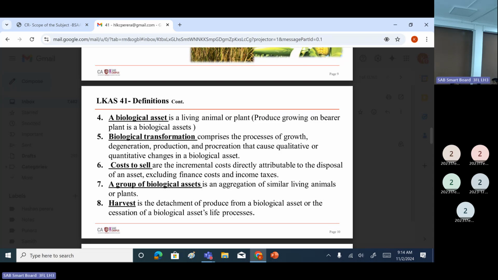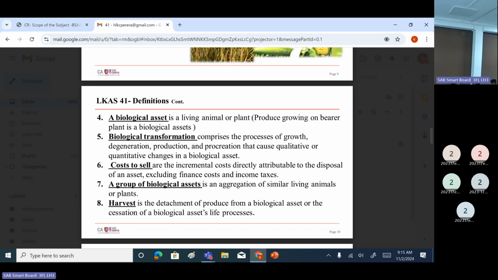After understanding the technical aspects, you should have a proper understanding of agricultural assets, in other words biological assets containing living animals and living plants, plus agricultural produce. You need to identify what you mean by biological asset and agricultural produce.